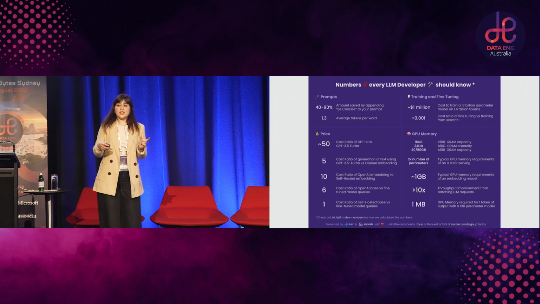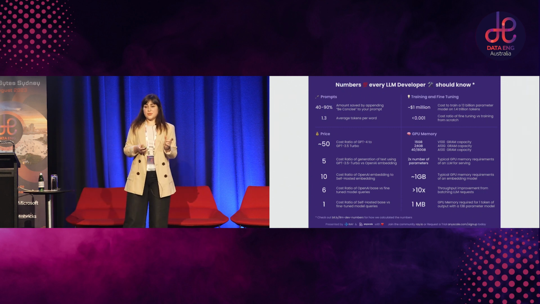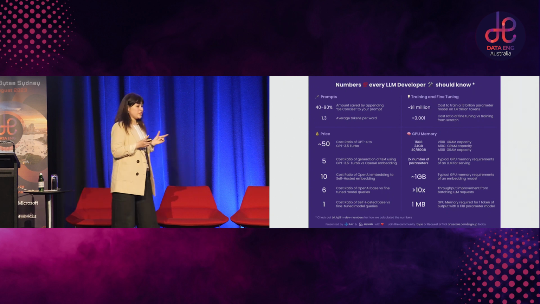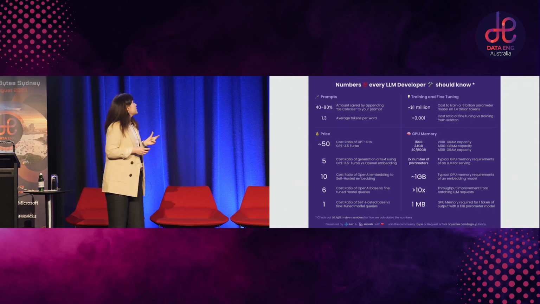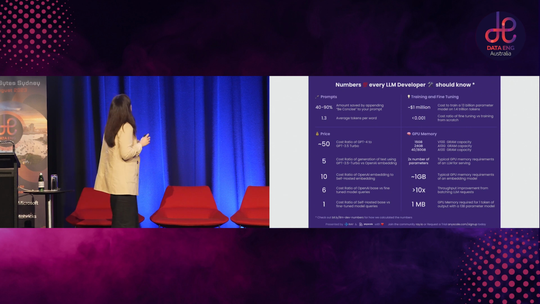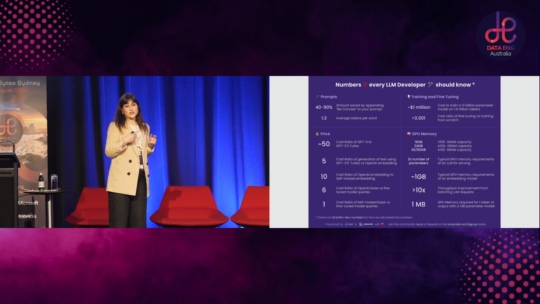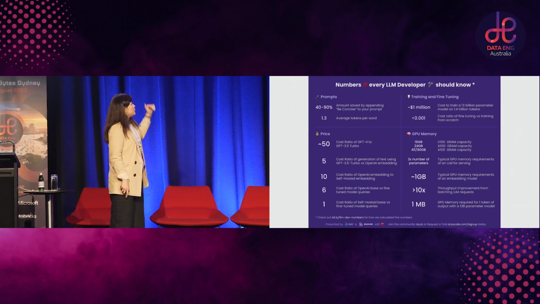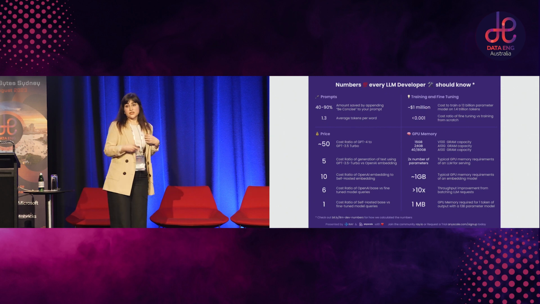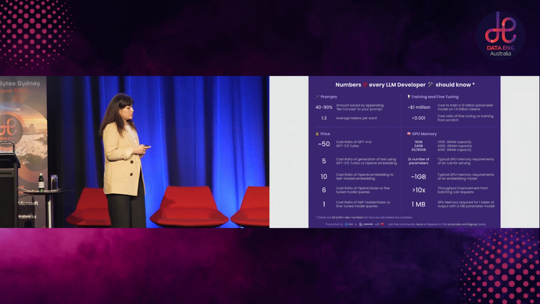Also, as I mentioned, OpenAI charges based on the length of input and output tokens. A token is different from a word: each token equals about 1.3 words, so you need to do the calculation if you want to do some cost estimation for your application. And then there's this whole number for GPU memory cost that, again, if you want to host your own model, is very important to take into account.